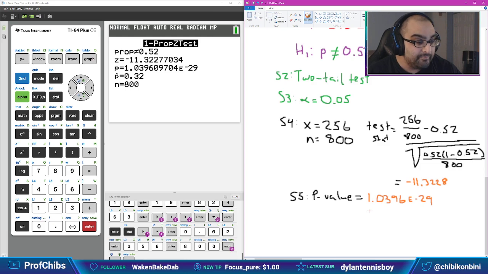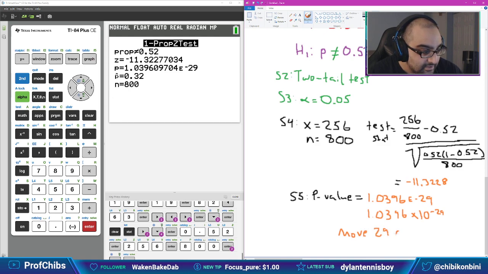So this would be 1.0396 times 10 to the negative 29th power. Effectively, you would move 29 decimal places to the left to show that actual number.